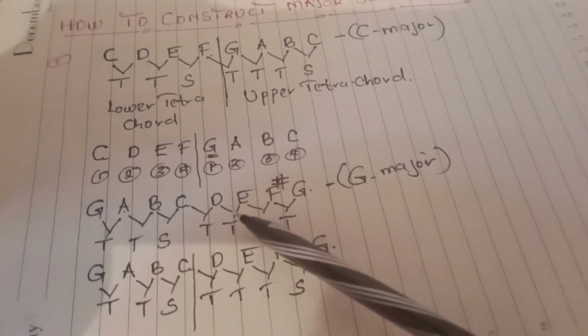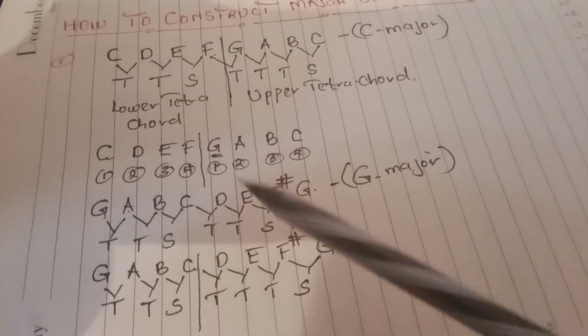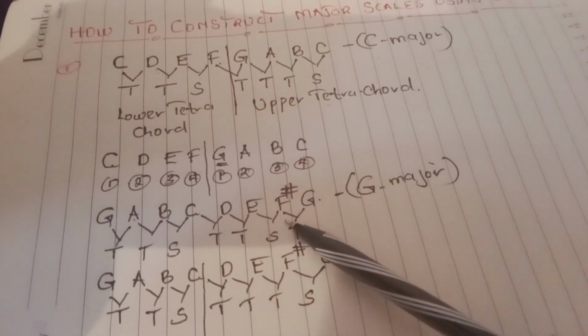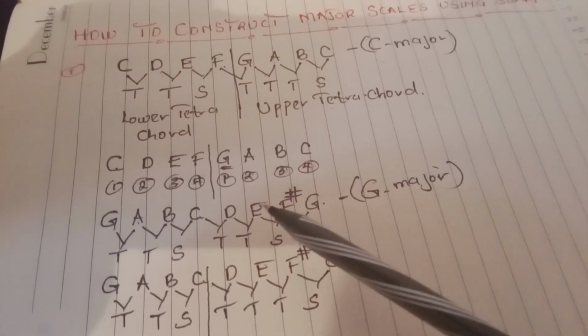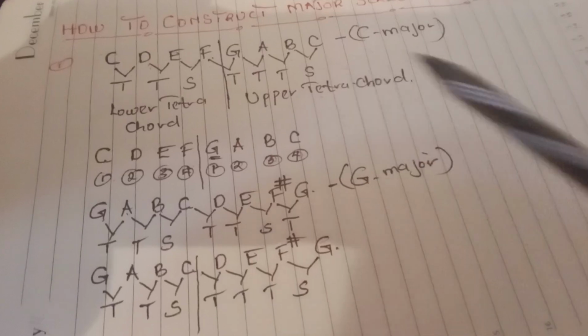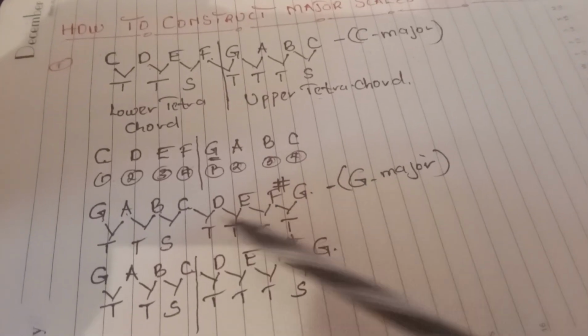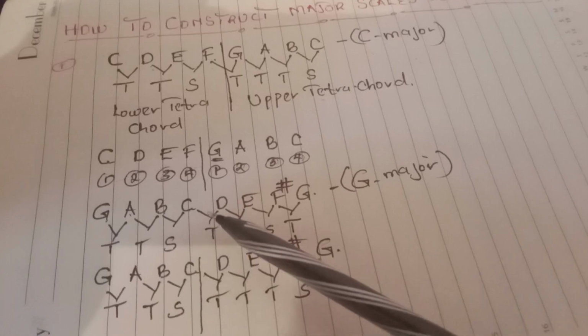So it's there that we bring in the accidentals, and the accidental that we are going to use here is a sharp. Remember, the function of these accidentals is that they lower or raise a note by a semitone. So let's see.